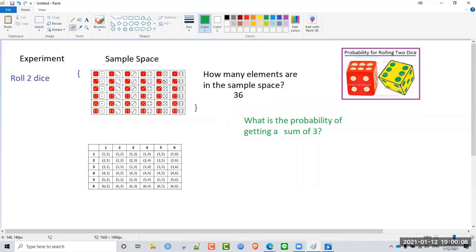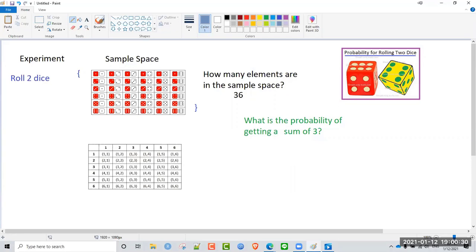So first thing is, I want to know what is the event that we are asking about here. So I want to circle the event. Where is the event in this sentence? Does anybody want to answer that? Is that getting a sum of 3?